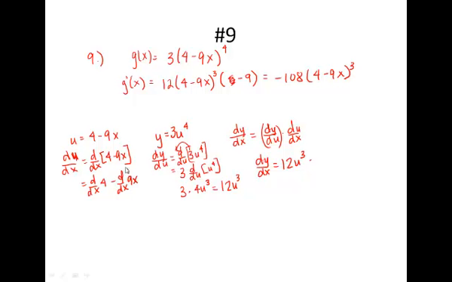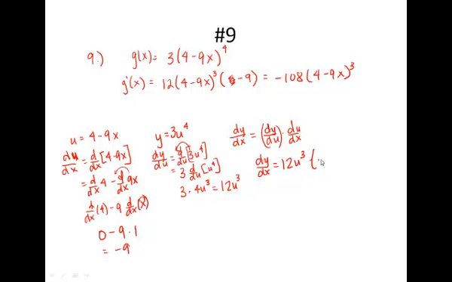And then here is a scalar, so I'm going to pull that out: d dx of 4 minus 9 times d dx of x. And that's to the first power technically. So here it's the constant rule, 0 minus 9 times, because that was a scalar, and then this is going to bring down that 1, x to the 0, that's just 1. So in the end this is equal to negative 9.